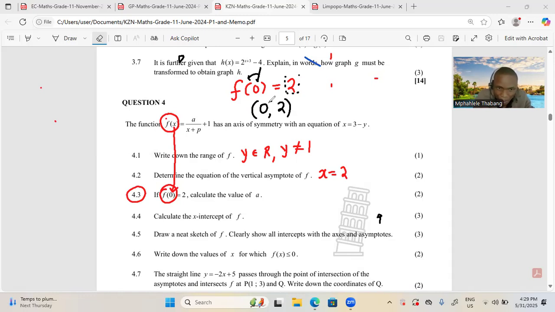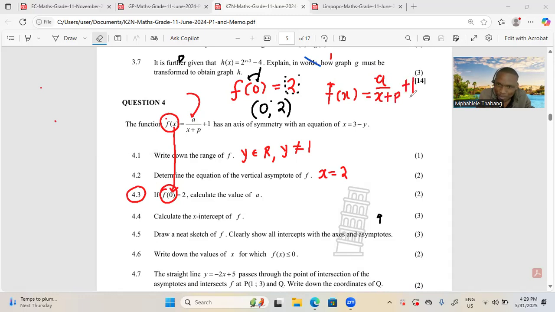So now, the question on 4.3 says calculate the value of a. So I'm going to try to find a. What is a? It is this guy here on f of x. Remember, f of x is equal to a over x plus p plus 1.